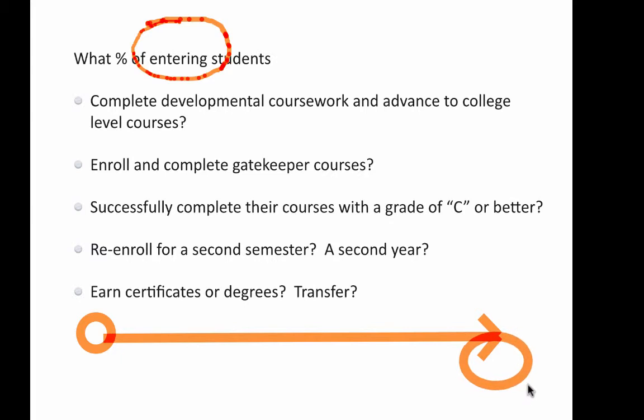That's fairly typical. However, there are a lot of things that happen in between, as we've seen above, that can be either student tripping points or student acceleration points, and let's talk about those just a little bit.